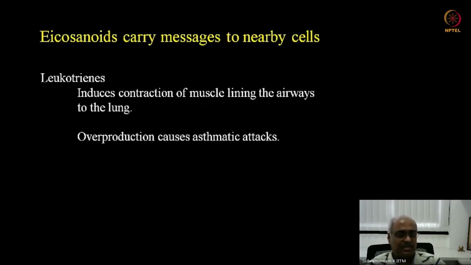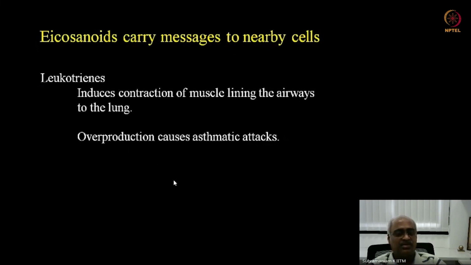Some allergens like pollens can stimulate overproduction of leukotriene, and the overproduction of leukotriene leads to contraction of the airway muscles, the muscles that help in breathing. They are pushed to the contracted mode, and as a result you are unable to breathe well, and that is what an asthmatic attack is. So the anti-inflammatory drugs focus on preventing production of these signaling molecules, and therefore these issues do not happen.